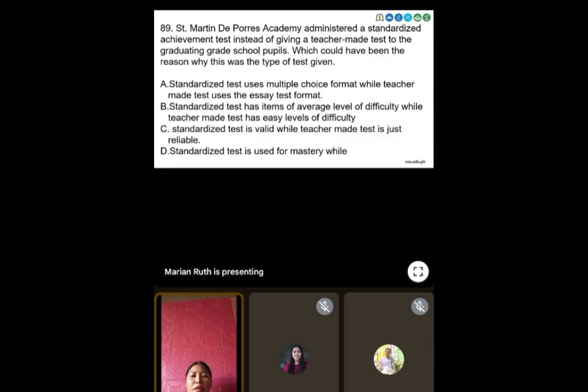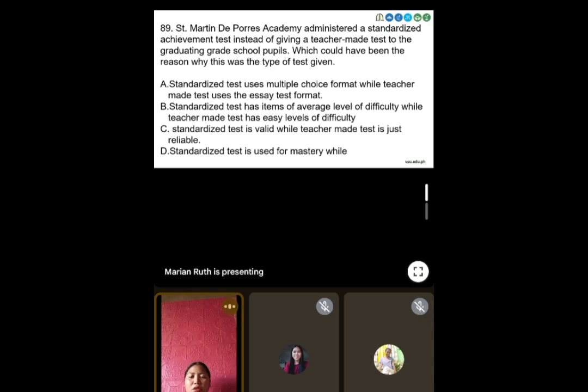B. Standardized test has items of average level of difficulty while teacher-made test has an easy level of difficulty. C. Standardized test is valid while teacher-made test is just reliable. Or letter D. Standardized test is used for mastery while teacher-made is used for diagnosis. So the correct answer is letter C.